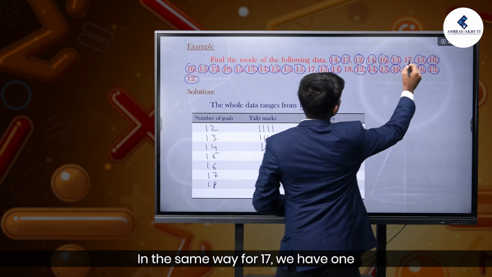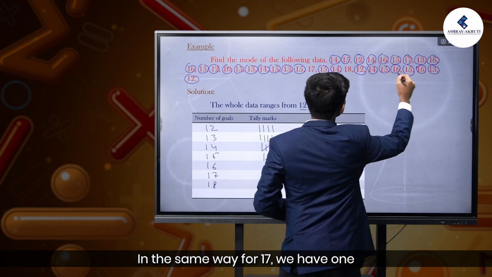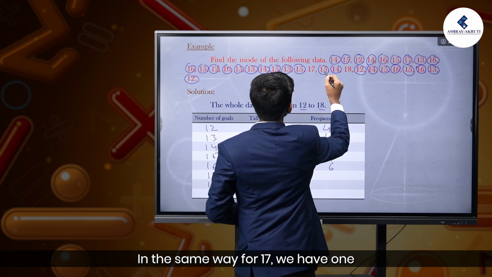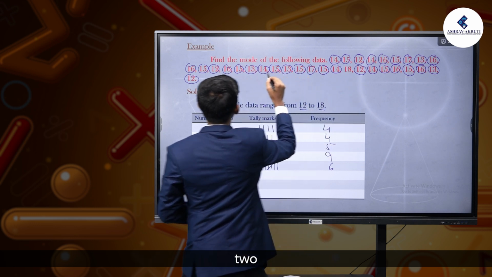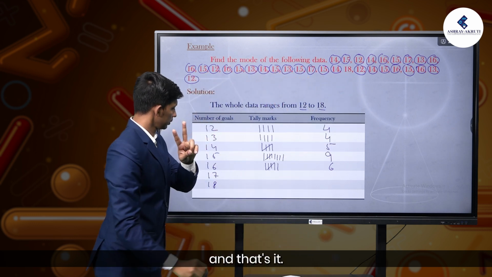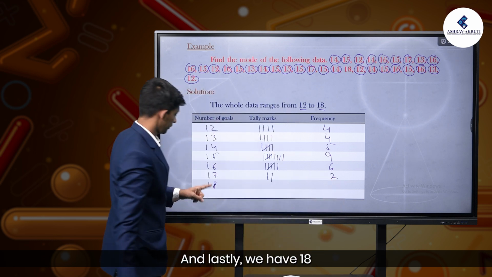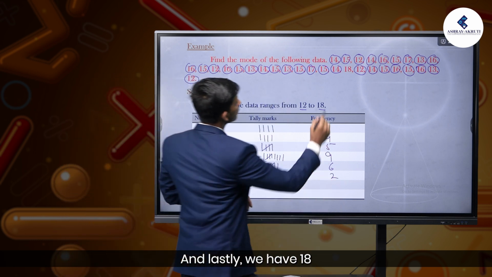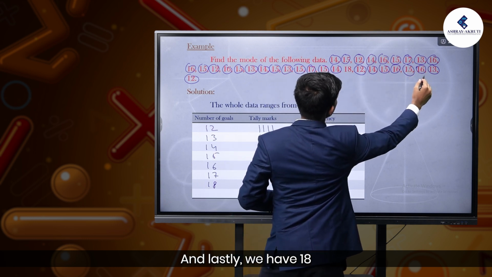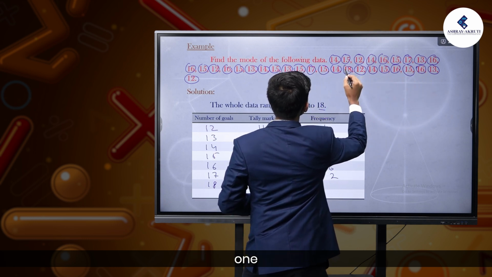In the same way, for 17 we have 1, 2 and that's it. So the tally mark is 2 and the frequency is 2. And lastly, we have 18, 1.